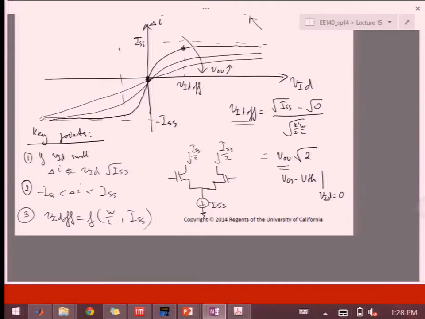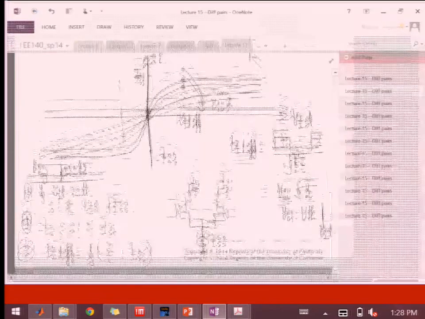Okay? In bipolar, your input range is 6 VT, and there's nothing you can do about it unless you stick in a resistor there. Here, you can tweak the sizes, you can tweak the bias current to make that input range what you need it to be. Okay.